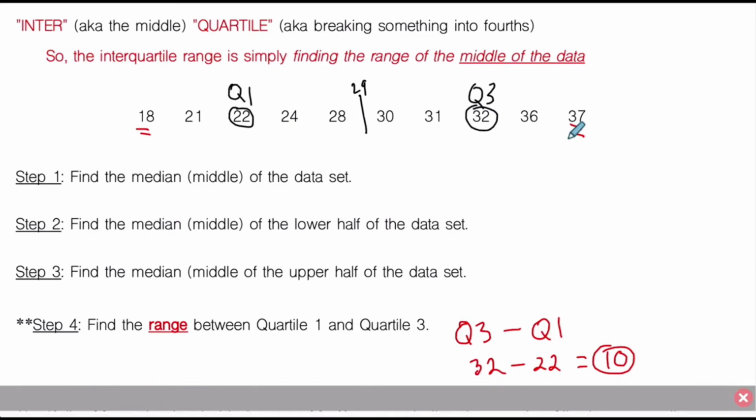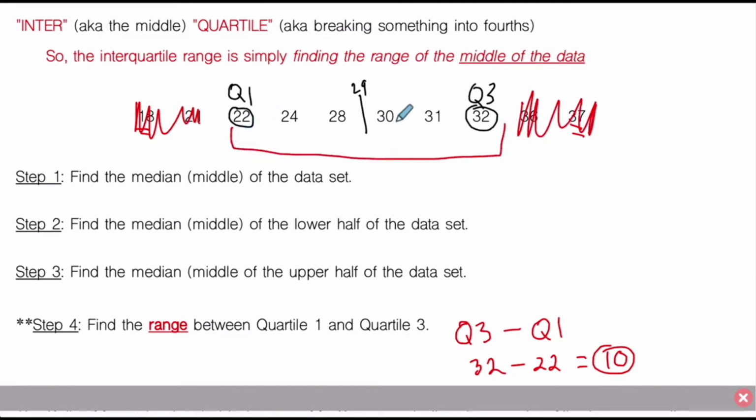So to do that, they figured, let's break the data into fourths, and let's ignore the bottom part and ignore the upper part. Let's really just focus on the middle here, because the middle is where most of the numbers in theory are located. Not a lot of stuff is on the upper part, not a lot of stuff is on the outer part. Most of the stuff's in the middle. So let's focus on the middle.